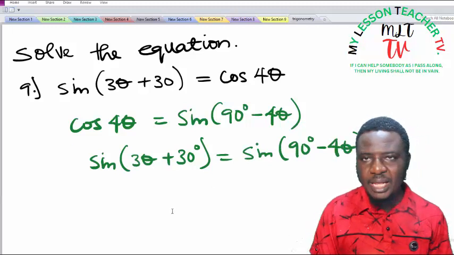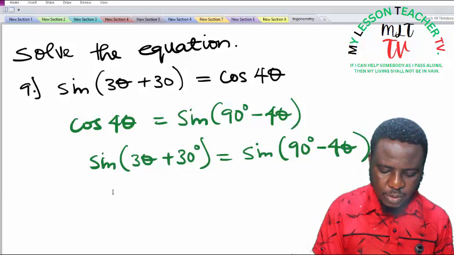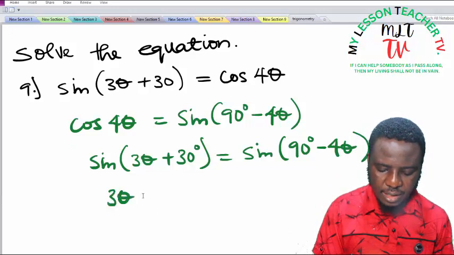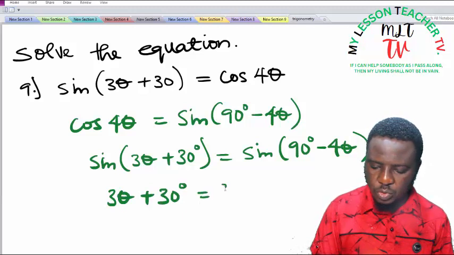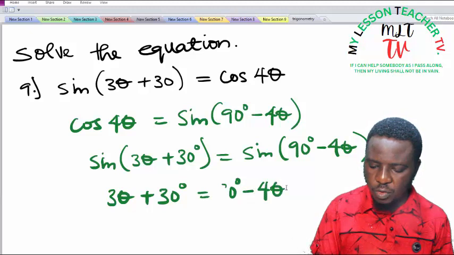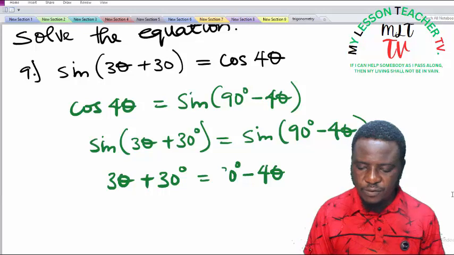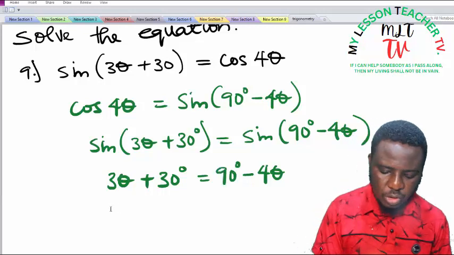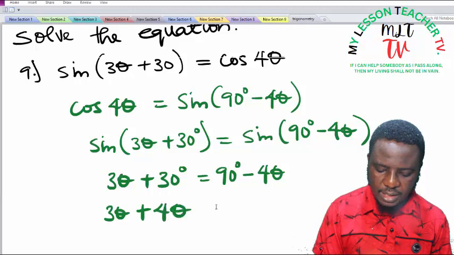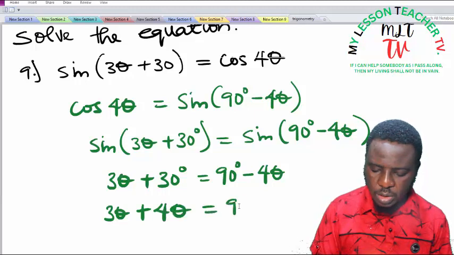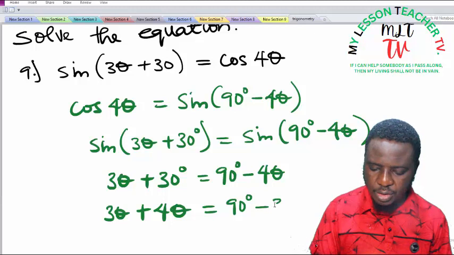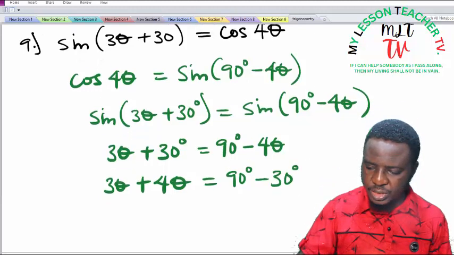And when you compare the angles together, this becomes 3 theta plus 30 degrees is equal to 90 degrees minus 4 theta. And when you make theta the subject of the formula, by collecting like terms, you have it that 3 theta plus 4 theta will be equal to 90 degrees minus 30 degrees.